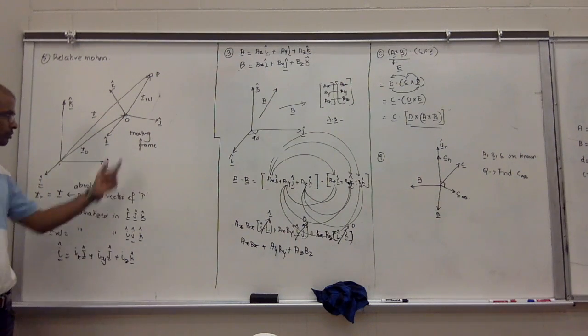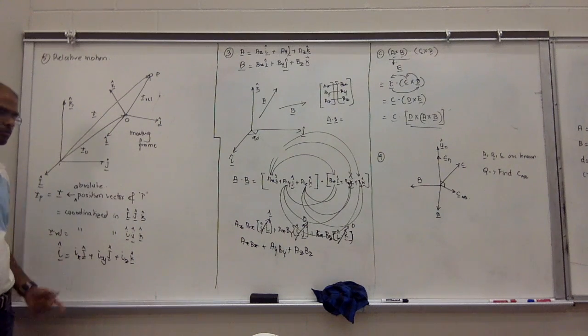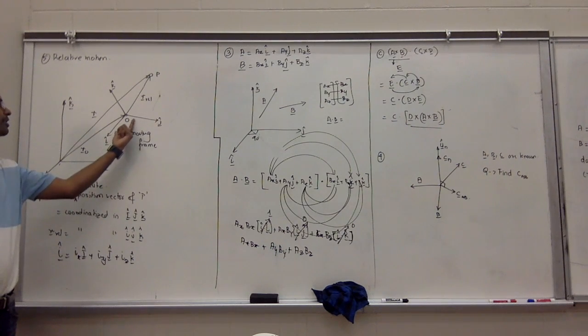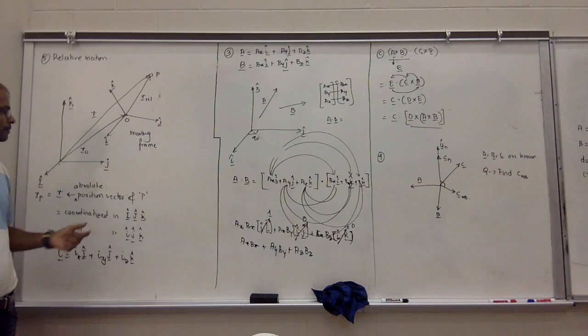The i of the moving frame will have components in all directions of the inertial frame. Right. That's what it means. Okay. So similarly, j and k.